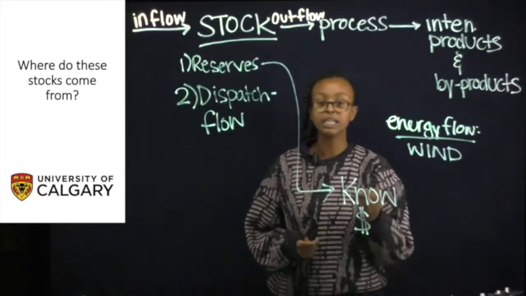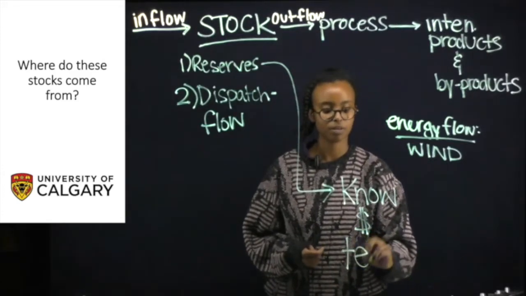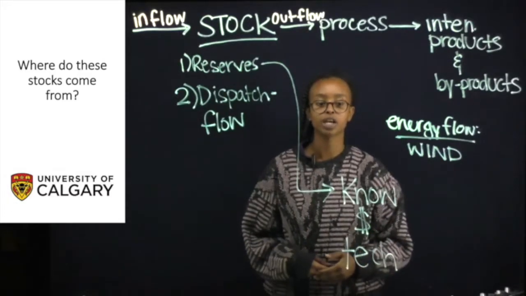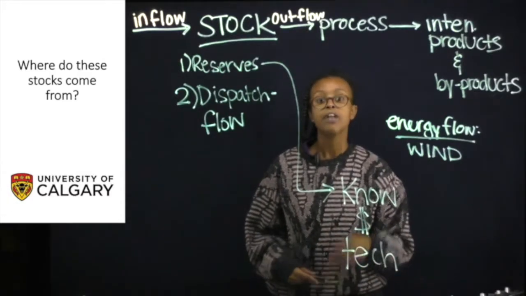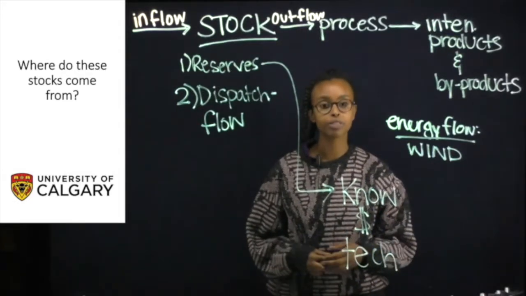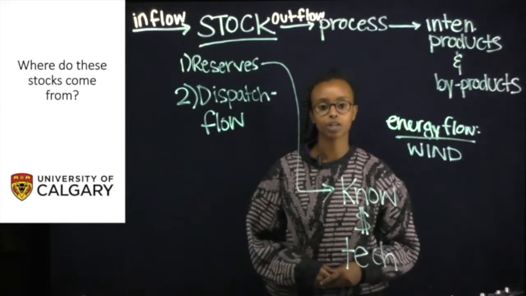It must be economically viable to extract. And we need to have current technology to extract it. The next video, we'll be talking about reserves more in depth and how we end up discovering these reserves and other related concepts.